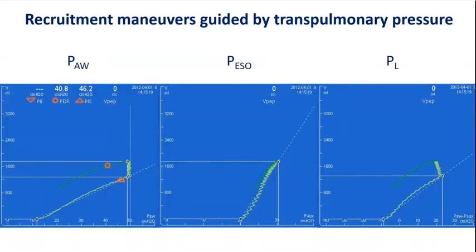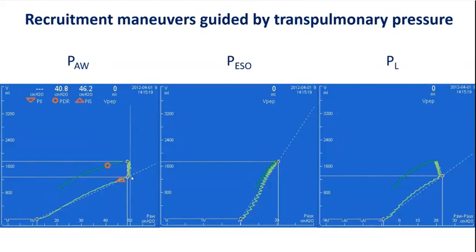You can also display this kind of curve. In this patient, this is airway pressure during the recruitment maneuver. We apply 50 centimeters of water of airway pressure, and we measure a quite large increase in the volume.